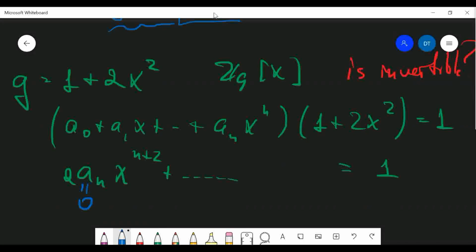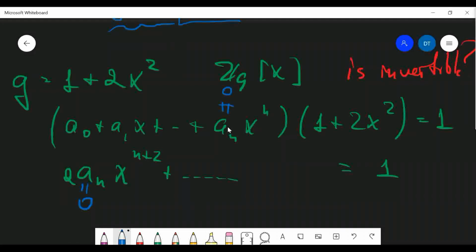So how to get a contradiction? Well, let's consider the inverse polynomial, and suppose that n is the highest degree. So an is not 0. So it's present in your polynomial.